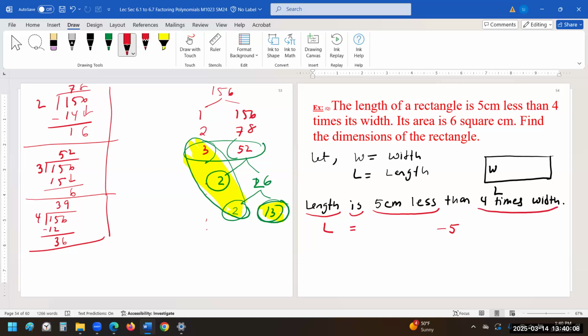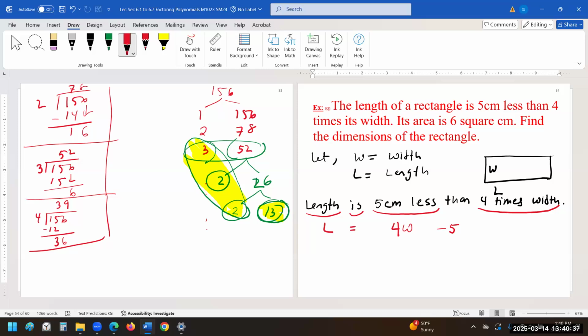And then 4 times width. What does that mean? Great. For W, we are assigning W for the width. That's what I said, 4 times W. True. So see, first assign your variable, then rewrite the information in terms of the variable and mathematical notation. Now is this clear?